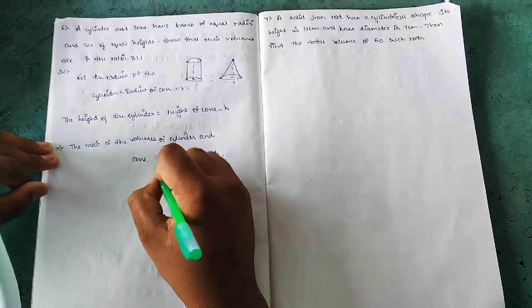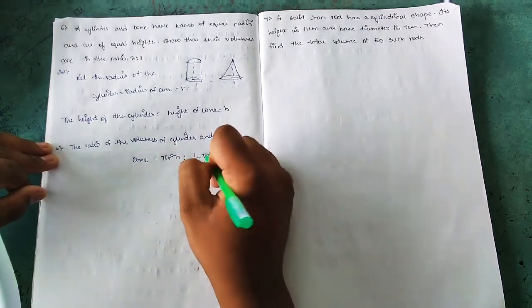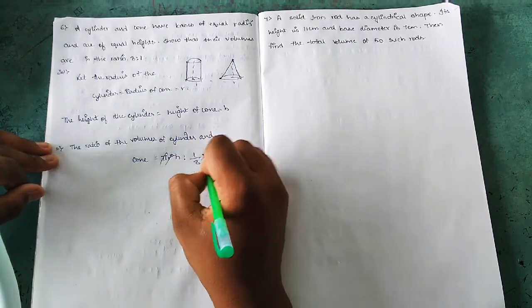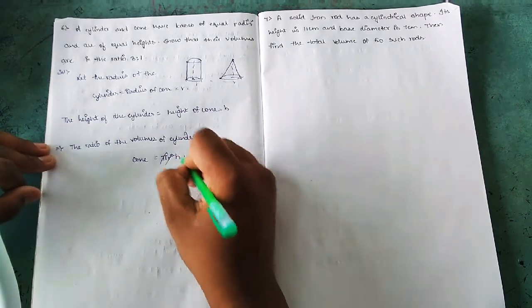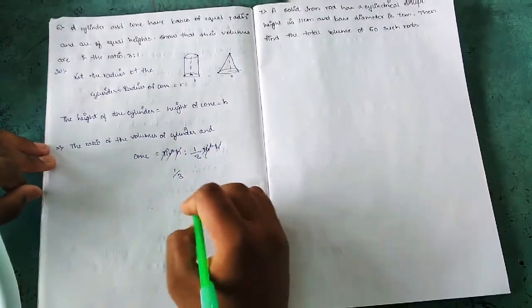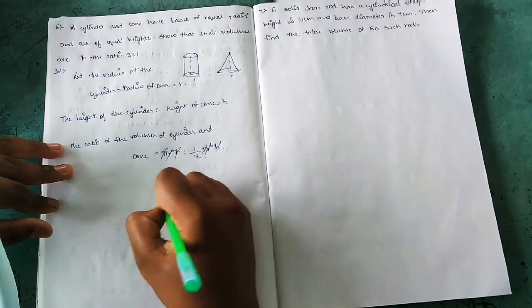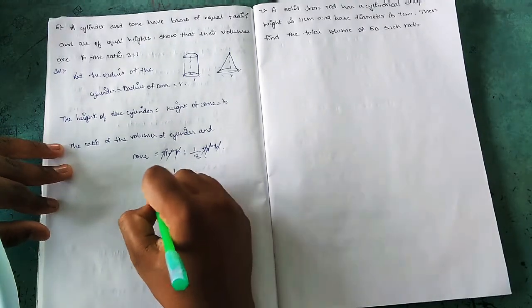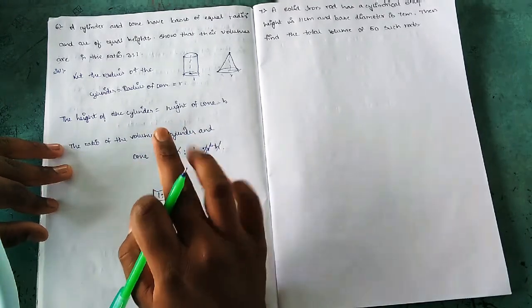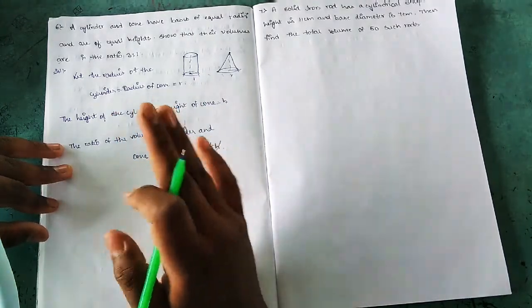Here pi r square gets cancelled, and h also gets cancelled, so the remaining is 1/3. So this can be written as 1:3. So volume of cylinder is equal to 3 and volume of cone is equal to 1.